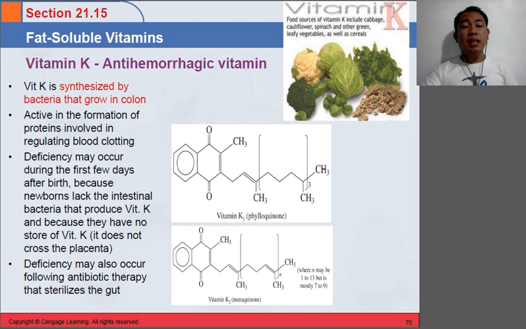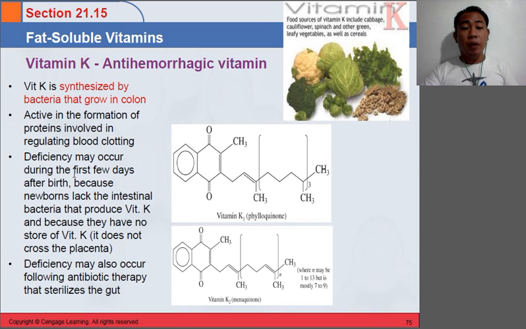Another is vitamin K, and it is said to be the anti-hemorrhagic vitamin. Vitamin K is synthesized by bacteria that grow in the colon and is usually active in the formation of proteins involved in regulating blood clotting. That is why this is a blood clotting vitamin.